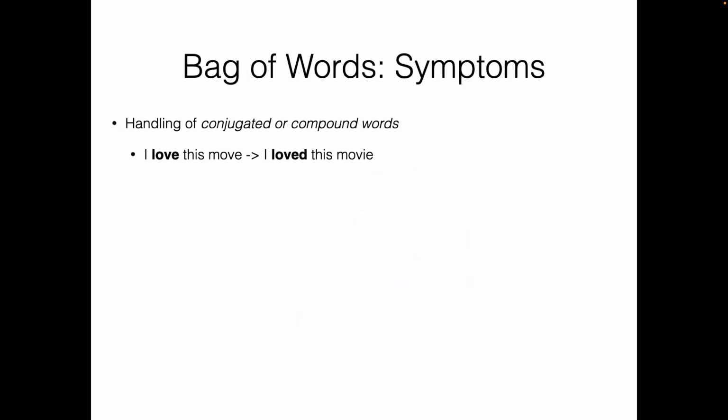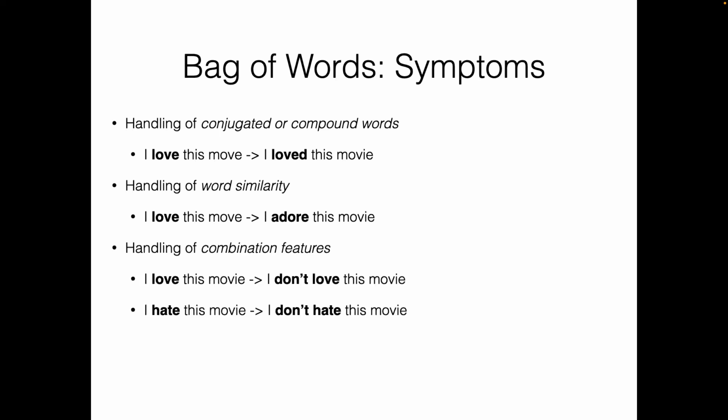We saw some downsides of this last time. It's difficult to handle conjugated words. You don't really have any notion of word similarity, like with synonyms or things like that. And then it actually gets tricky to combine multiple features together.